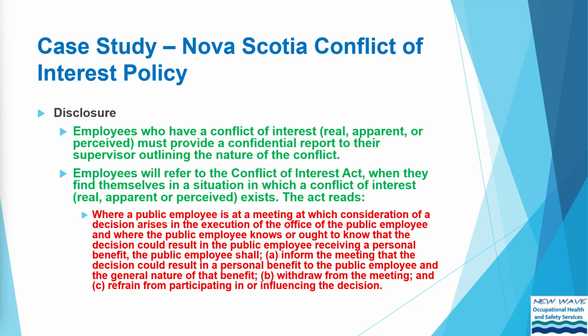The Act reads, where a public employee is at a meeting at which consideration of a decision arises in the execution of the office of the public employee and whether the public employee knows or ought to know that the decision will result in the public employee receiving a personal benefit, the public employee shall inform the meeting that the decision could result in a personal benefit to the public employee and the general nature of the benefit, withdraw from the meeting and refrain from participating in or influencing the decision.